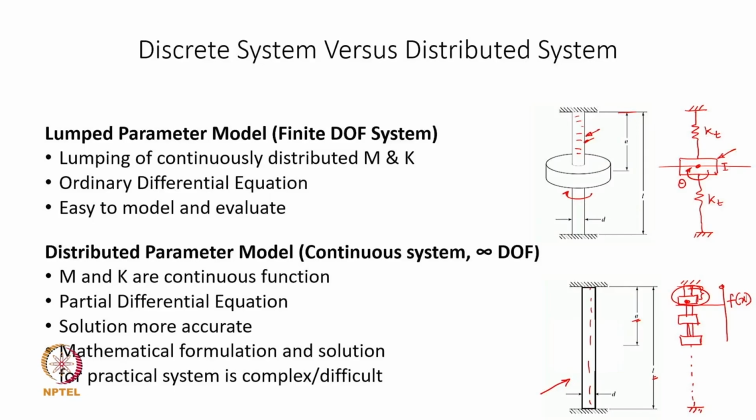And if you want a very accurate estimate, then you have to use a distributed parameter model. But in some cases it will be very challenging to get the solution, and modeling of course has its own challenges for systems which are complex in their geometry.